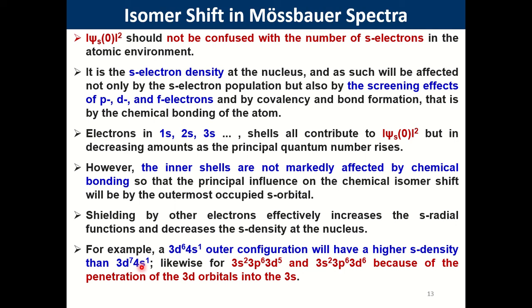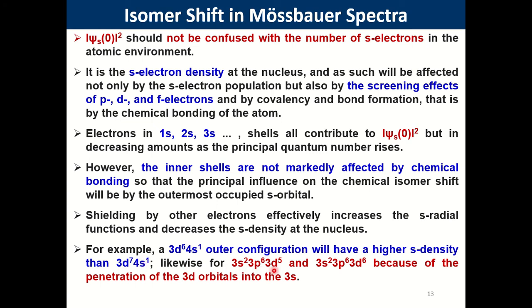But as I said, even the valence shell electrons also contribute to the shielding, but to a much lesser extent. So this is an example where the 3d electrons are in an inner shell, and they are shielding the outer shell electrons, such as 4s1 here.